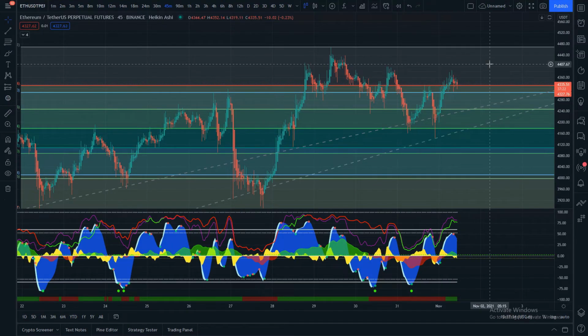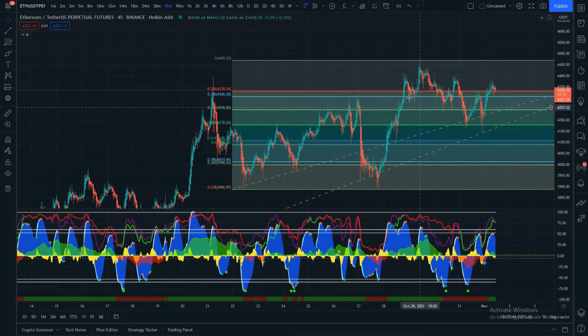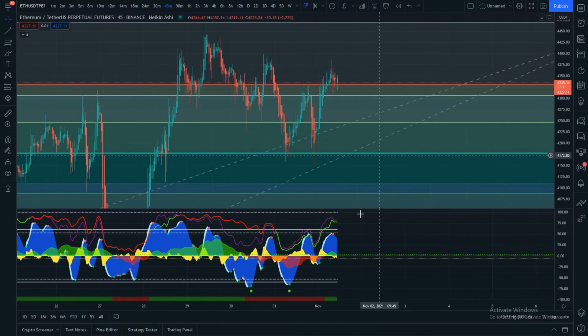Now, this is the indicator that I used called Market Cipher. This is the main indicator. I also like to use Fibonacci retracement levels. Once you really get a hang of it, and it doesn't come in a week or in a month, you need to use this consistently, day after day for months, and you'll eventually get a feel for the market, and that's, in my opinion, the best way to trade.